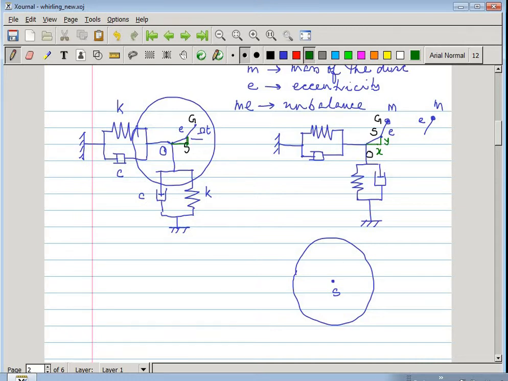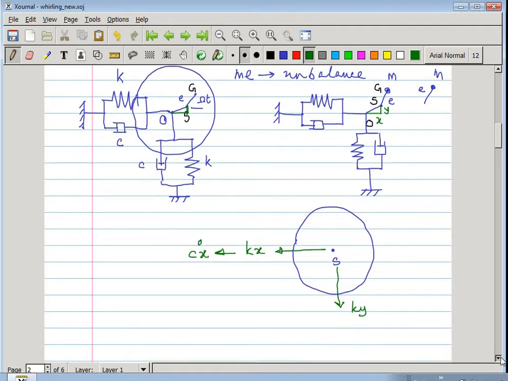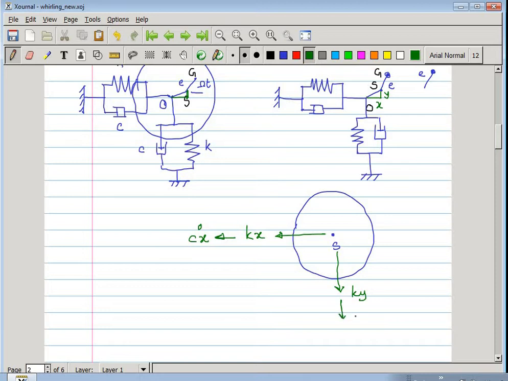So this spring has gone X and this spring has gone Y. That means here you must get a force Kx, and here also you get a force Ky, and along with this Kx, due to the damper you get Cx dot, and here due to the damper you get Cy dot.